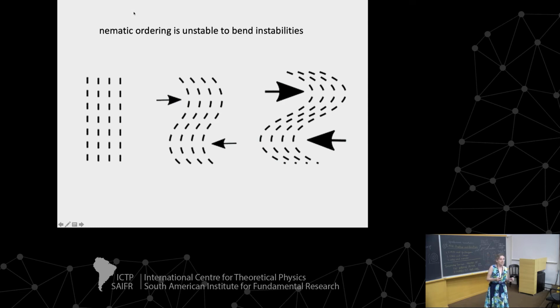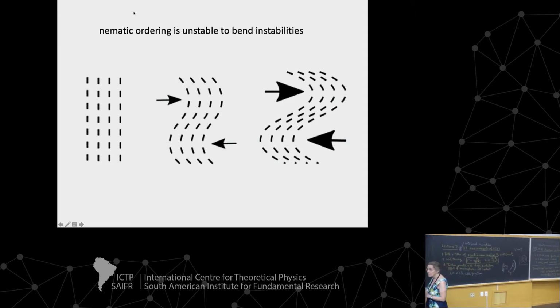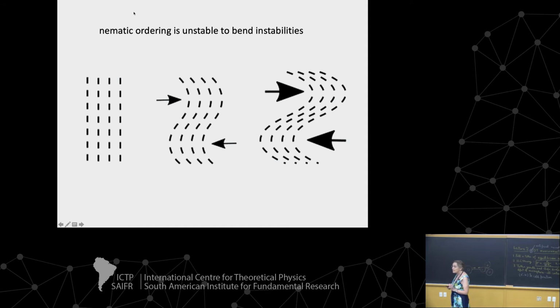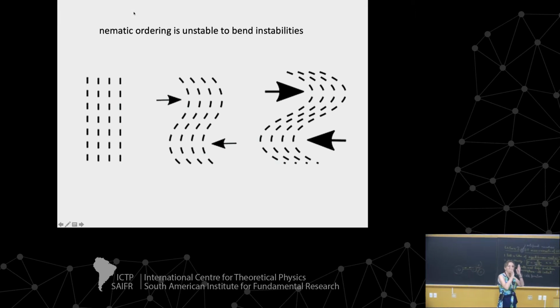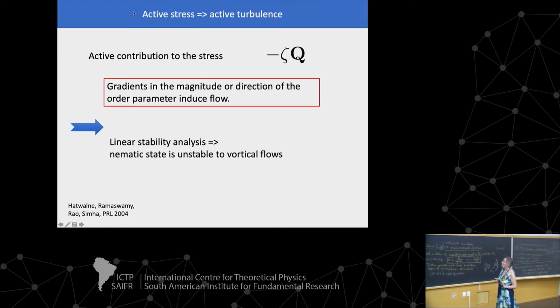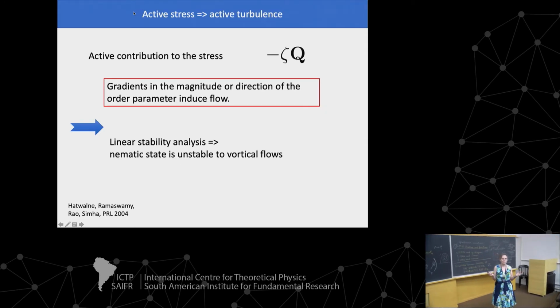If you want the maths words for the same thing, if you do linear stability analysis, asking how the active term affects the nematic state, it is unstable to these active stresses. You can't have a perfect active nematic. It will just blow up. So what do you get instead?